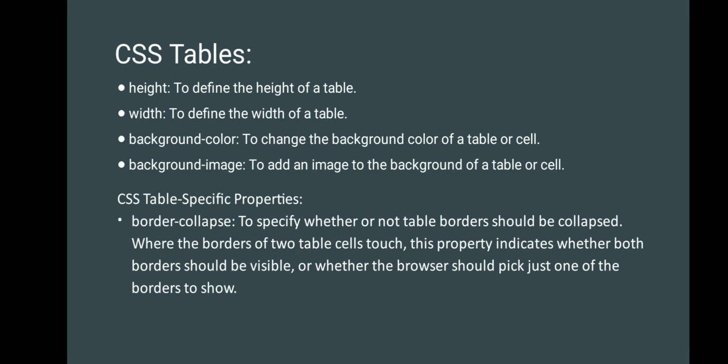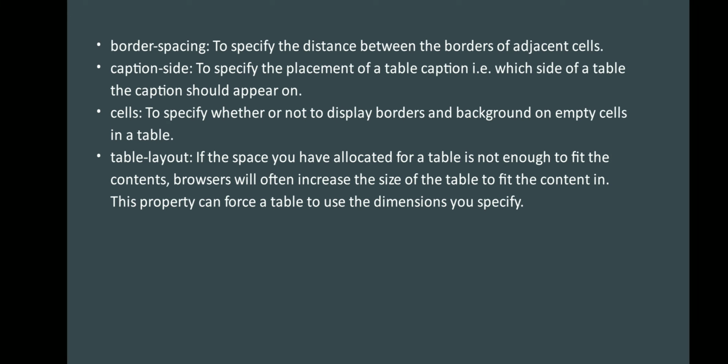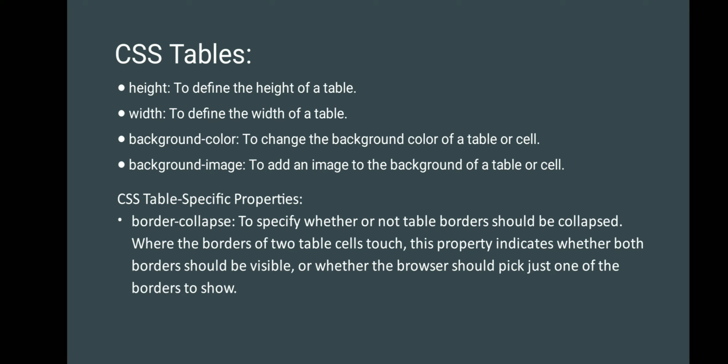We have border collapse, border spacing, caption side, empty cells, table layout. Border collapse is a special property which allows you to deal with the borders of a cell. If in a table you want to show only one border, then the value will be collapse.